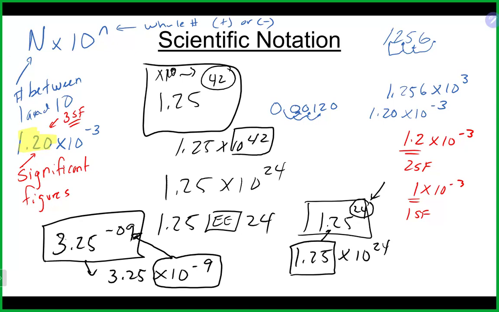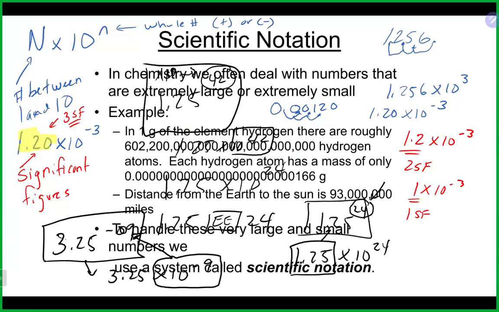Why don't we try a couple here? Maybe we'll get some answers that will make you do that here. Let's do 3.2 times 10 to the minus 3, and let's divide it by 4.65 times 10 to the 17.